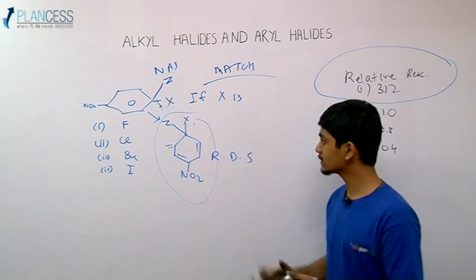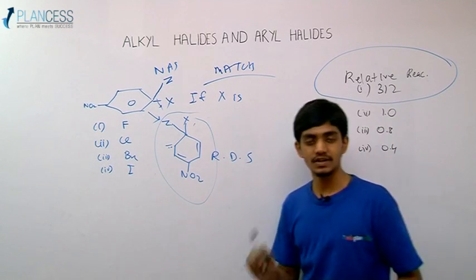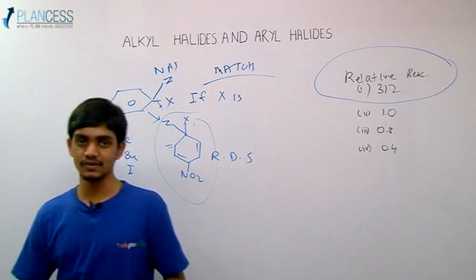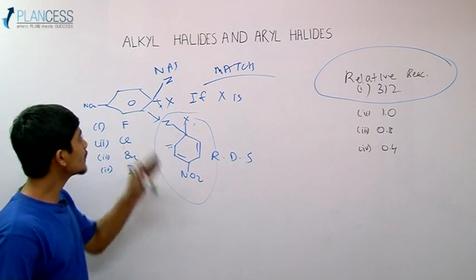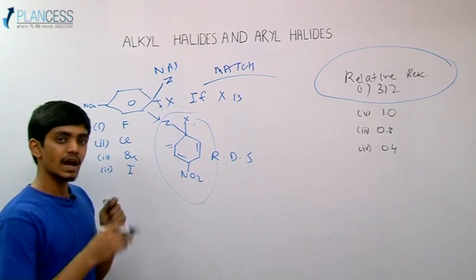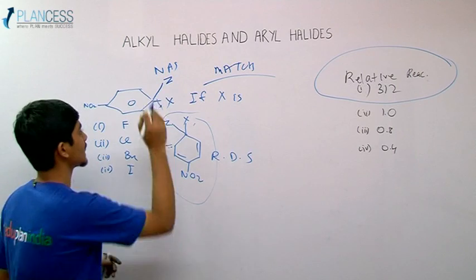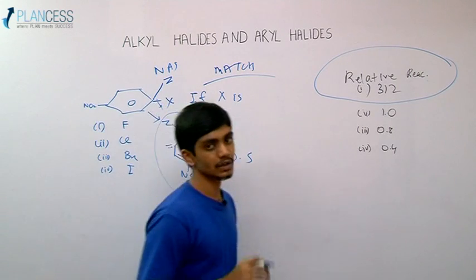Now I have told you that the slowest step is this, but generally the mistake students make is, X is there and it is nucleophilic aromatic substitution. Nucleophilic substitution means X must be a good leaving group, correct?